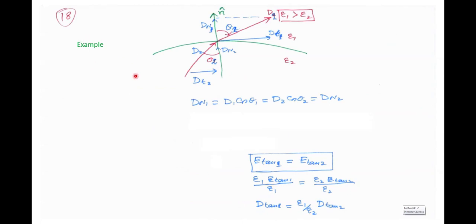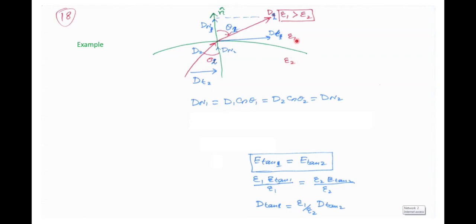Now let us try an example. In this example, we are given an interface between two different dielectric materials. The permittivity of the material above the green line is epsilon 1. This represents material 1, and the permittivity of the material below the green line is denoted by epsilon 2.